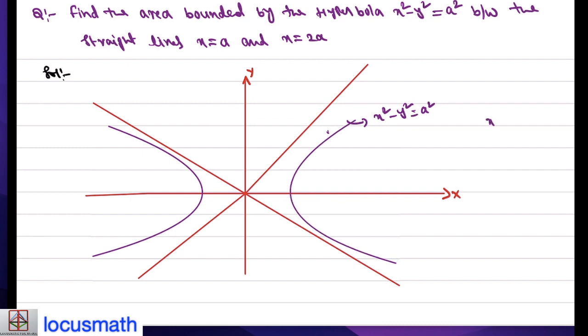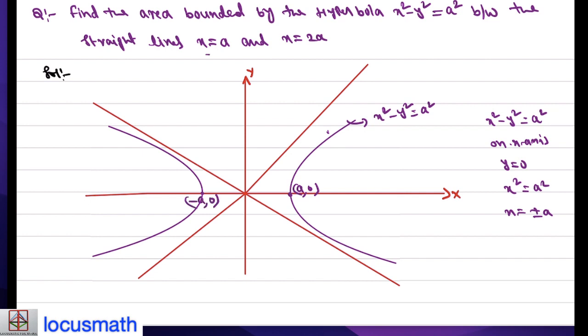The hyperbola is x square minus y square equal to a square. On x-axis y is equal to 0. If you substitute y is equal to 0, x square is equal to a square, therefore x equal to plus or minus a. So this is a comma 0 and this one is minus a comma 0.